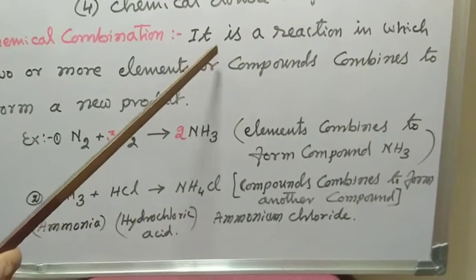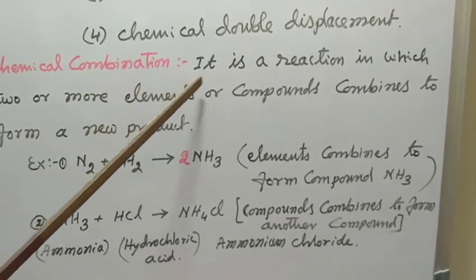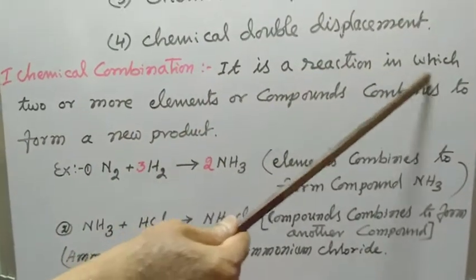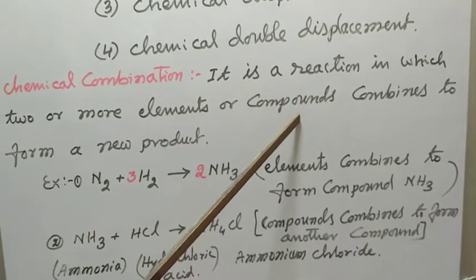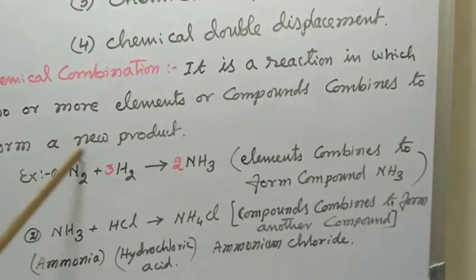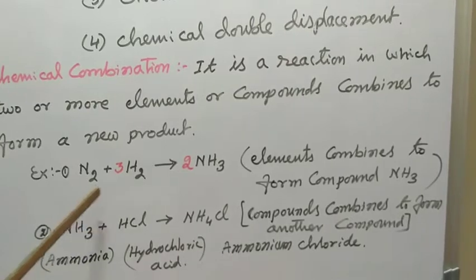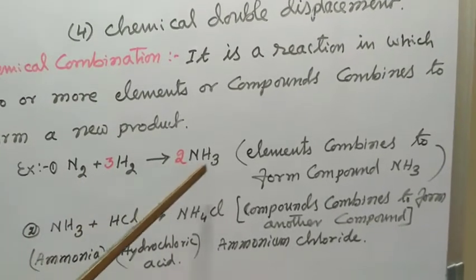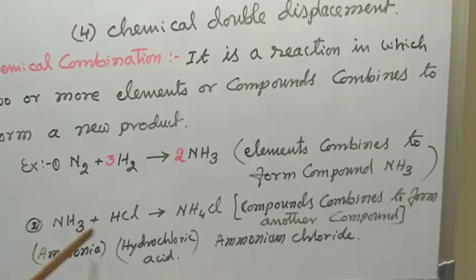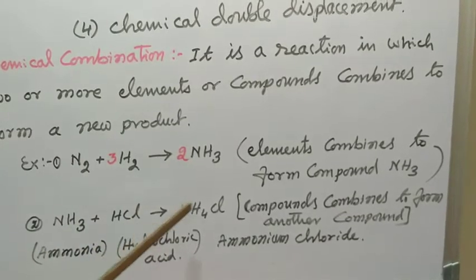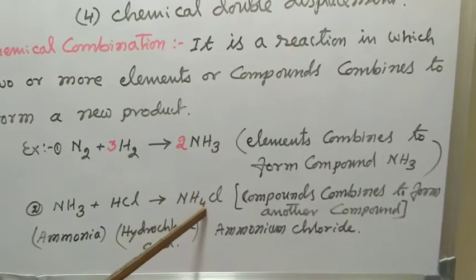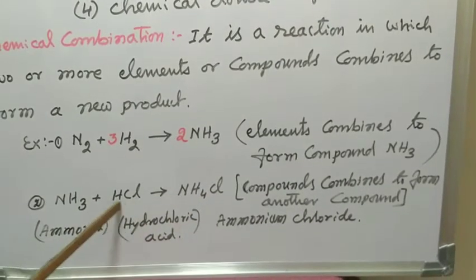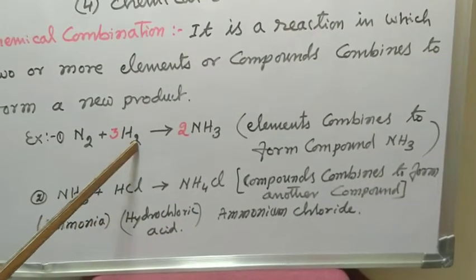In this way, chemical combination means it is a reaction in which two or more elements or compounds combine to form a new product. Nitrogen and hydrogen combine to form ammonia. Ammonia and hydrogen chloride combine to form ammonium chloride. In this way, we got products that combine these two compounds, these two elements.